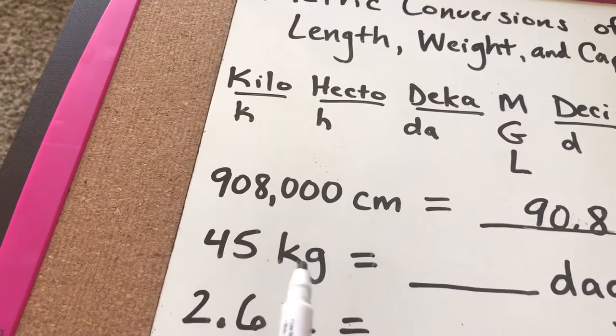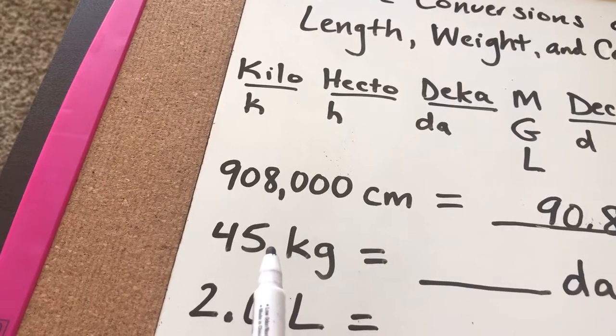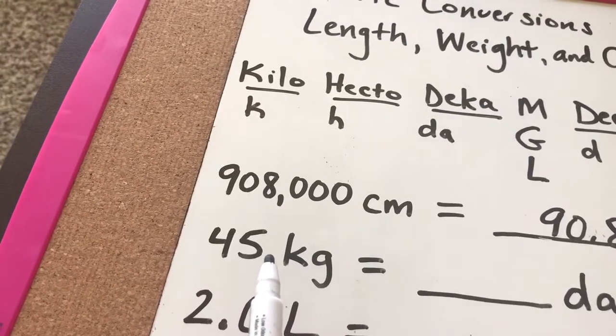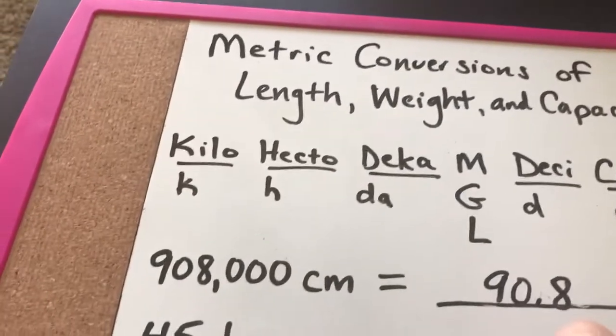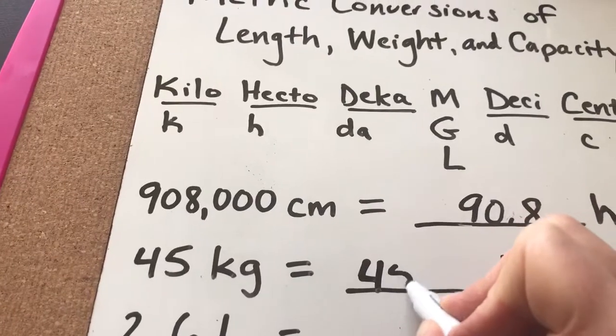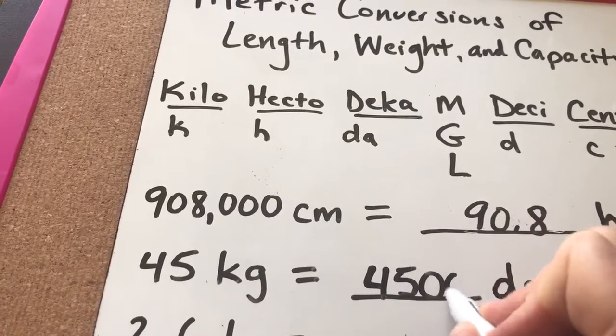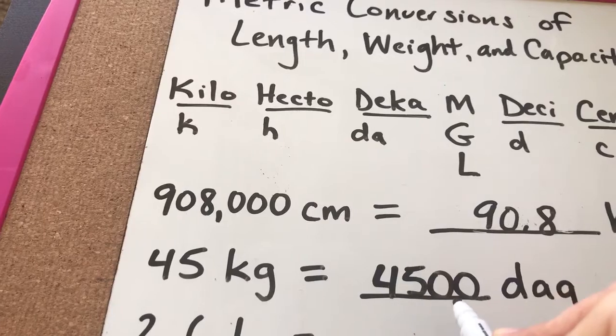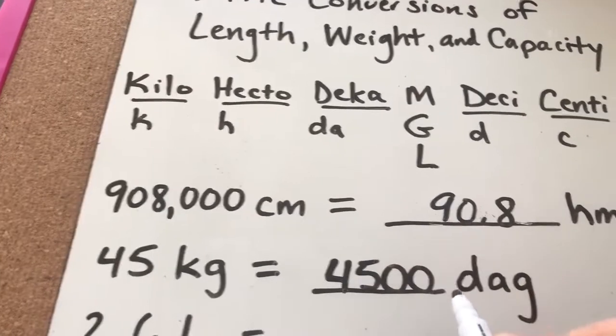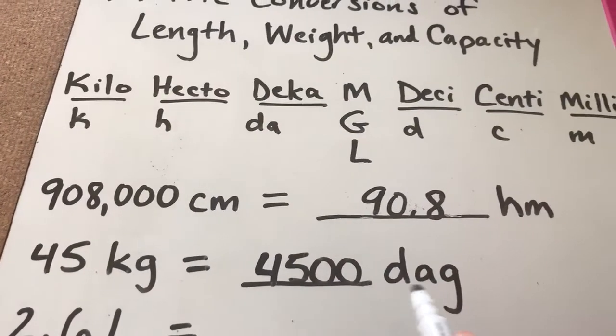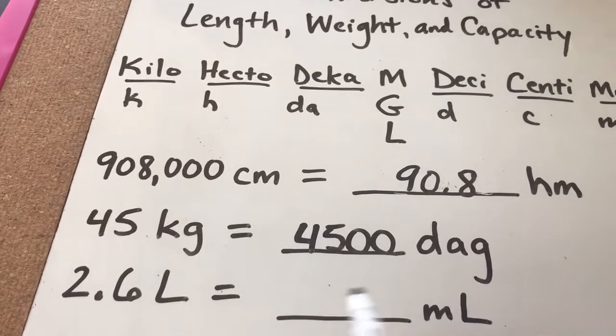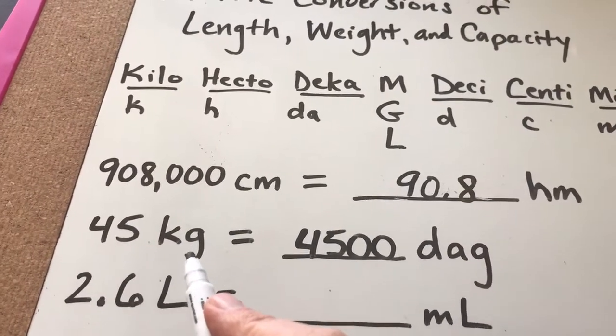So I don't have anything here, so I can picture that this is really 45.00, and so I'm going to have to add those 2 zeros. So this is where my decimal was, and it's moved 2 places to the right. So 4,500 decagrams would be equivalent to the 45 kilograms that I started with.